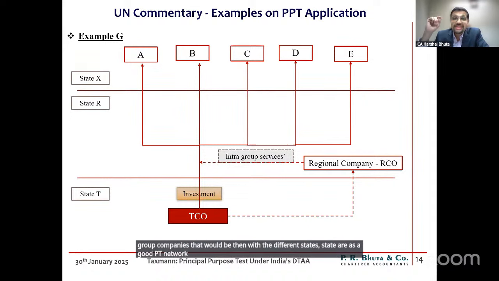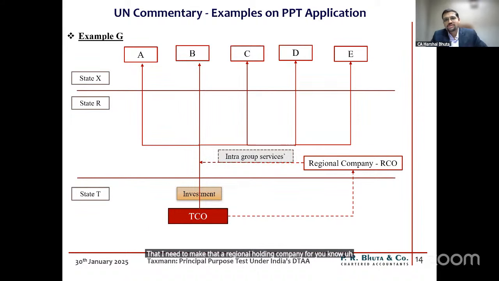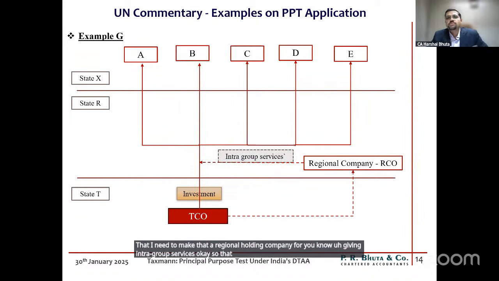But the decision here, as per the facts, is to make it a regional holding company for giving intra-group services. That means treasury services, management services, legal, admin, etc. Everything would be centralized here.